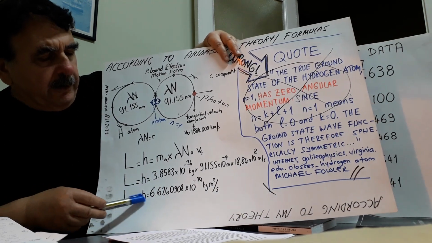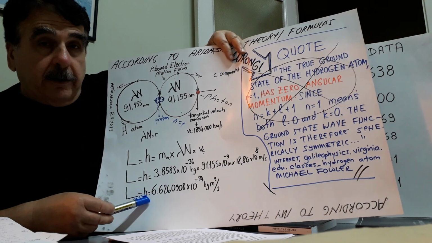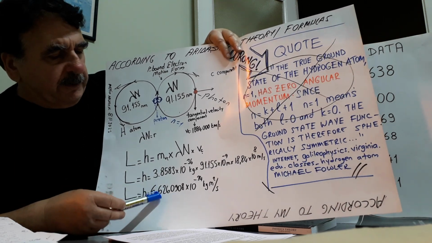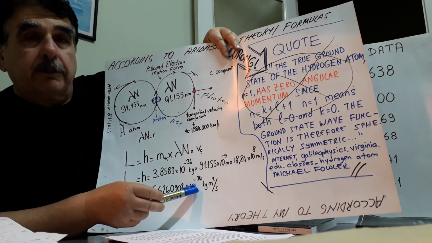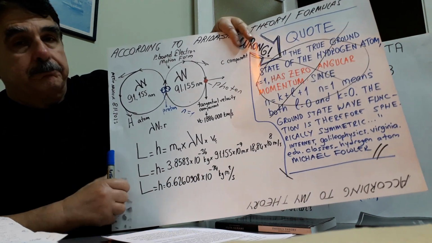The result is Planck's constant: 6.62 times 10 to the minus 34 kilogram meter squared per second.